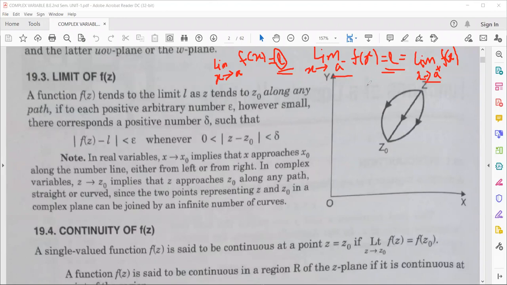Now, what is the other definition? The other definition is this one.